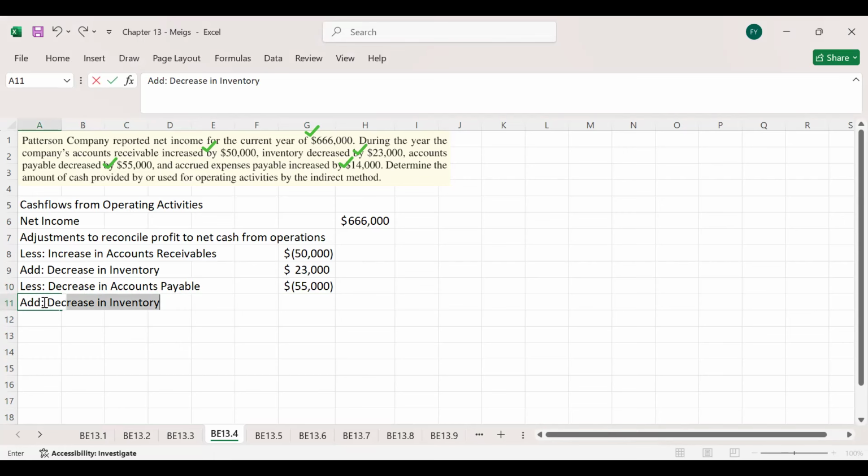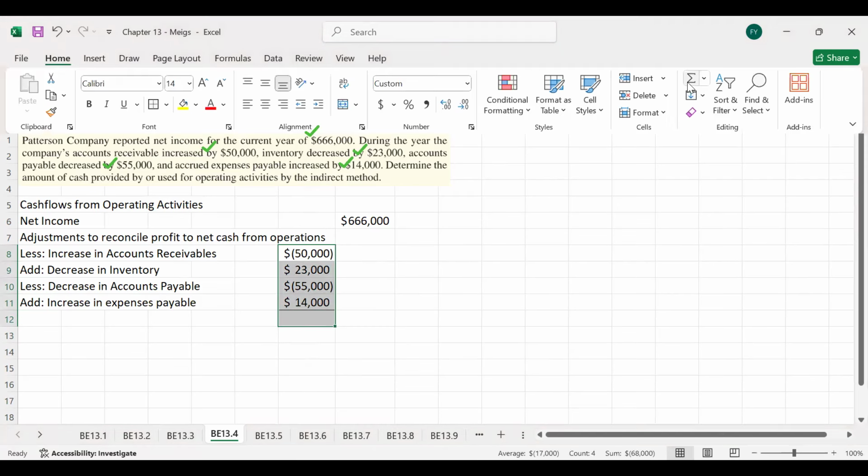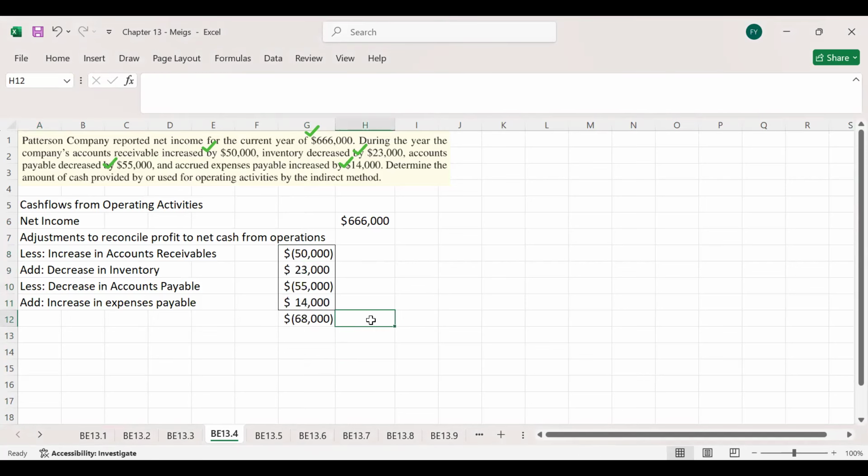So we add the increase in expenses payable, which is 14,000. The adjustment to reconcile the profit is minus 68,000.